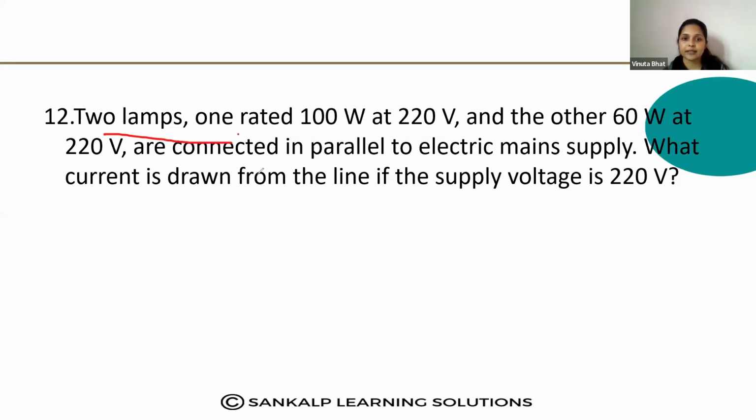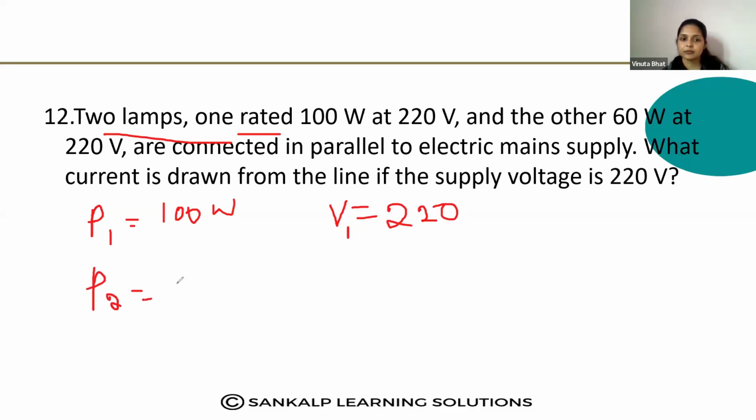Two lamps, one rated. What is the power of the first lamp? That is 100 watt. And what is the value of voltage? That is 220 volt. That I will take V1. Then another lamp that is having the power 60 watt. And what is the voltage?